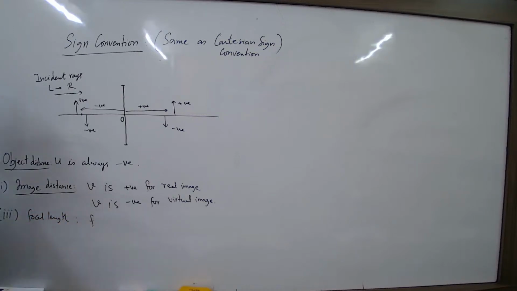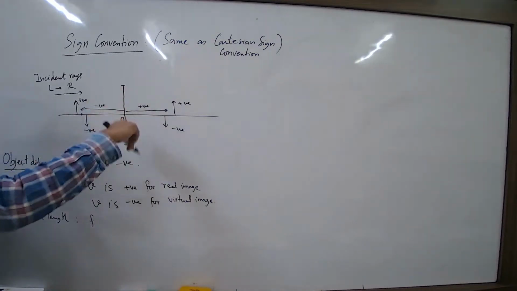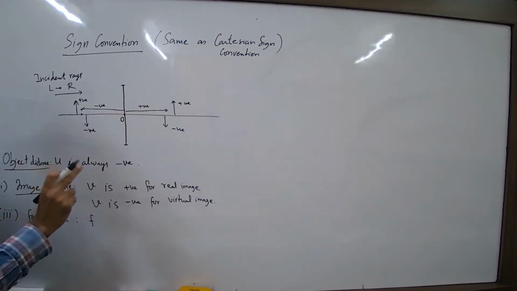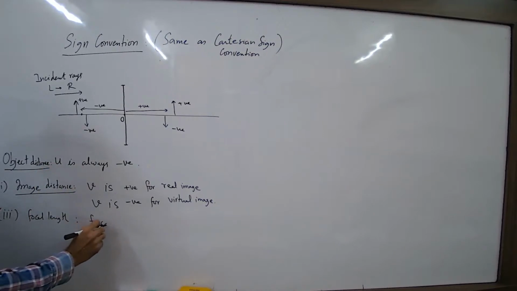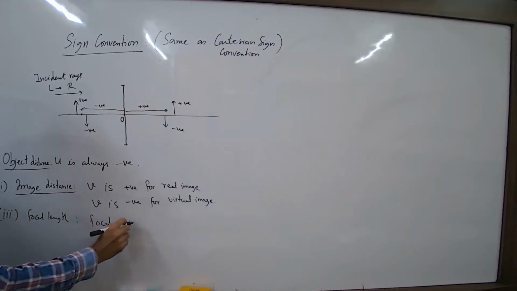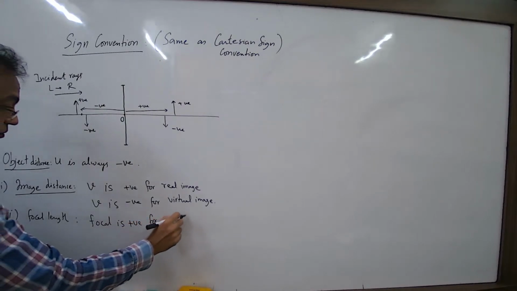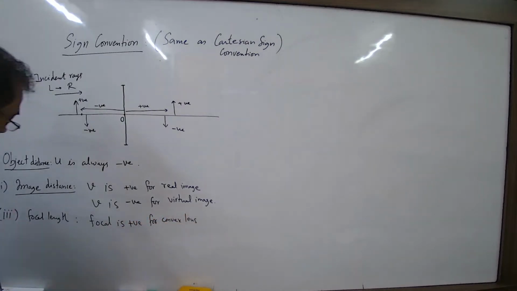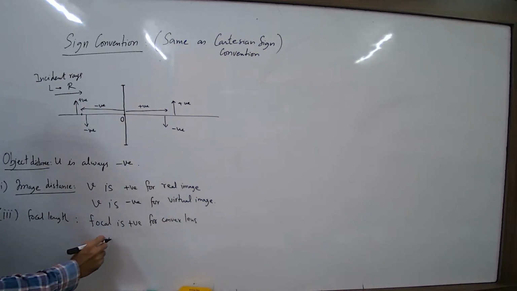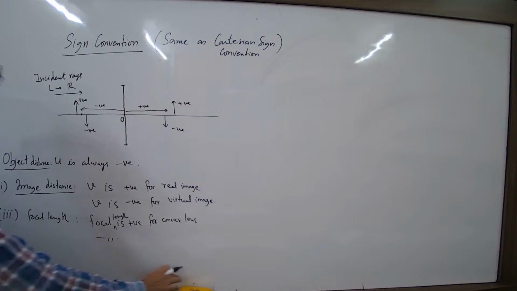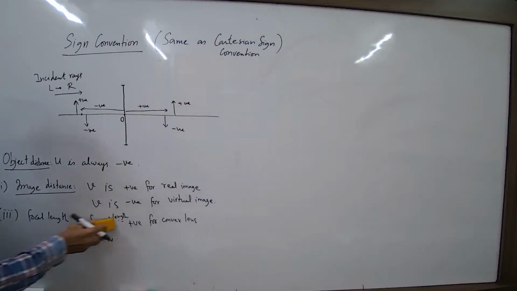So for a convex lens, focal length is always positive.